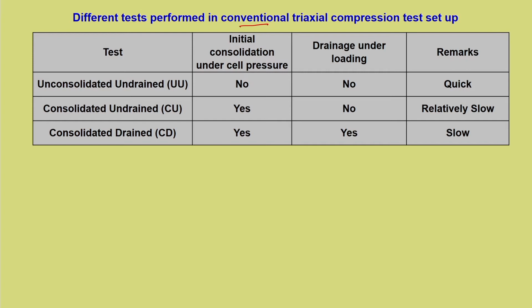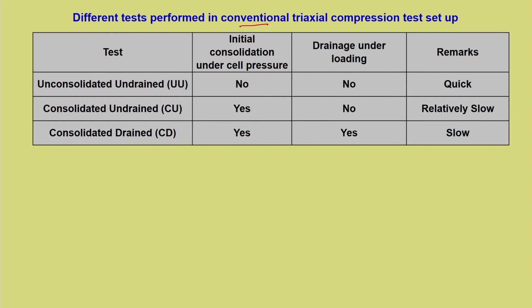Different provisions have been added for specific situations, but I am talking about the very basic triaxial compression test. These are the three possible tests in triaxial compression testing: unconsolidated undrained, denoted by UU, consolidated undrained, CU, and consolidated drained, CD.